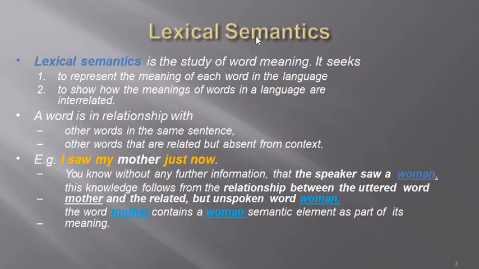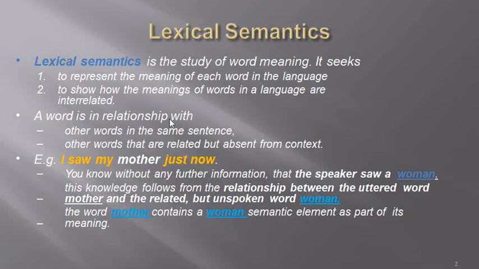Lexical semantics is concerned with the analysis of word meanings and relations among them. So in today's class, we will specifically talk about the relationship among the words and between the words.